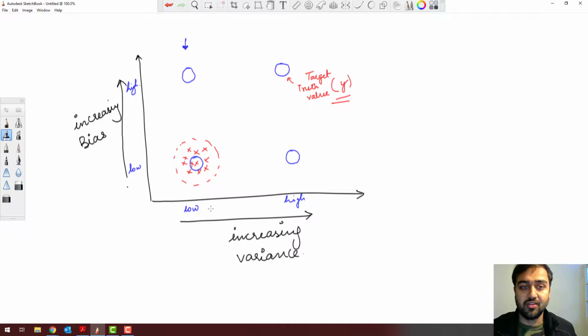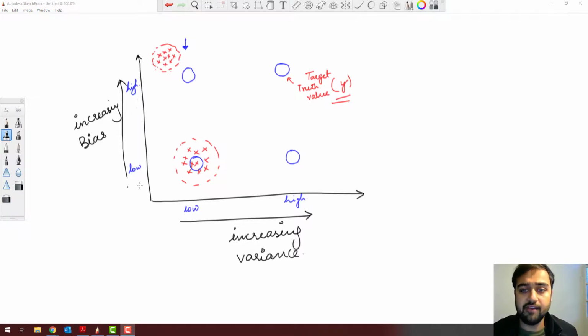So a model with low variance but high bias would be something of this sort: the target values are very far apart from the values that our model is predicting, but the predictions are grouped together because it's low variance, right?